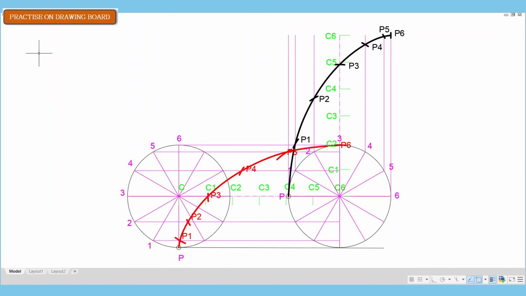After the labeling of the points has been made, this will now become our final solution.